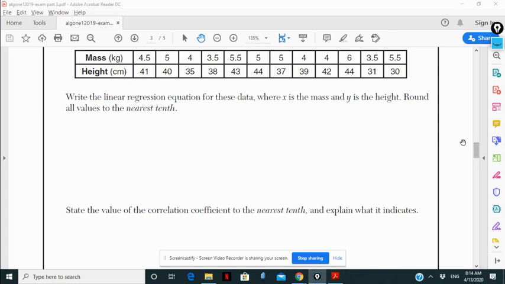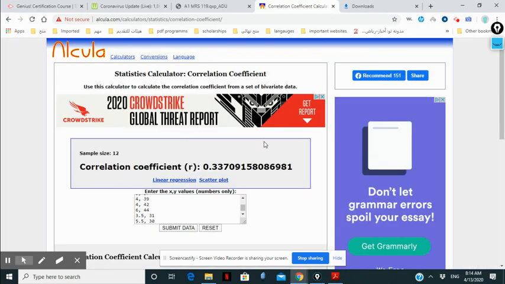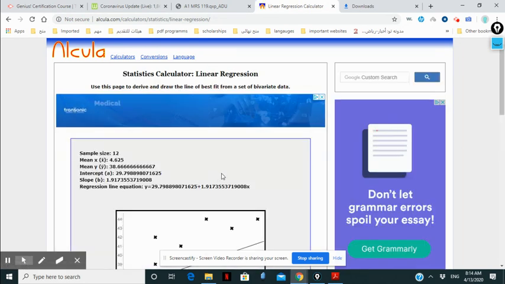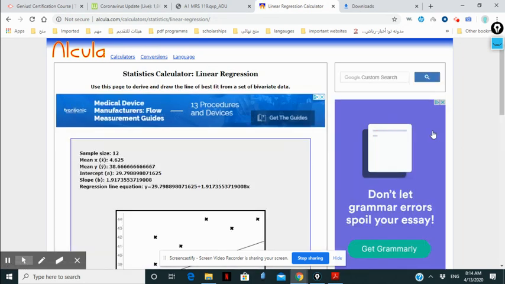Okay, the linear regression, sample size, the y-intercept.